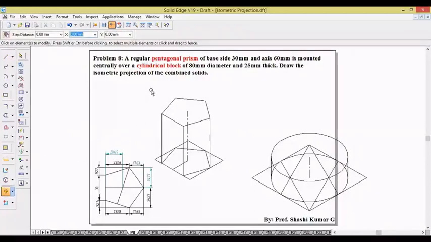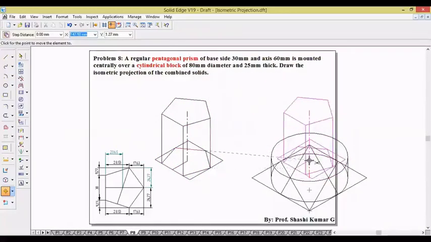Now move this entire pentagon with reference to the center and place it on this endpoint.